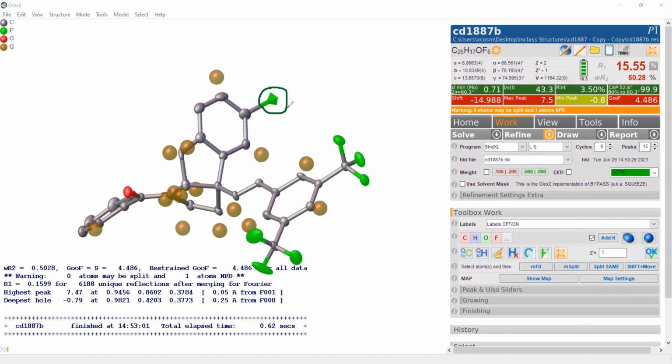You can't have something with negative thermal parameters. Typically when this happens, it usually means that the atom type you have for that position is too small. So you want to try and increase it to a larger element, because it has more electrons and may occupy that position better.